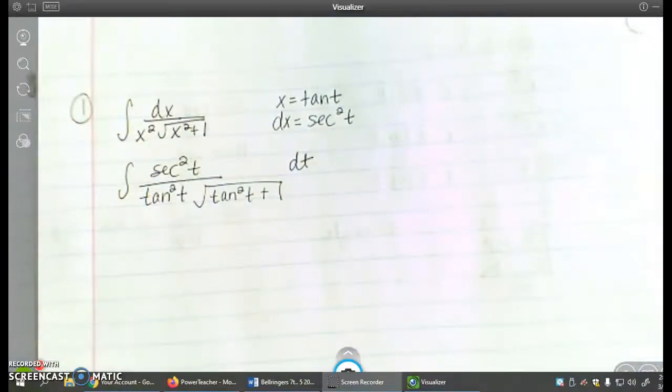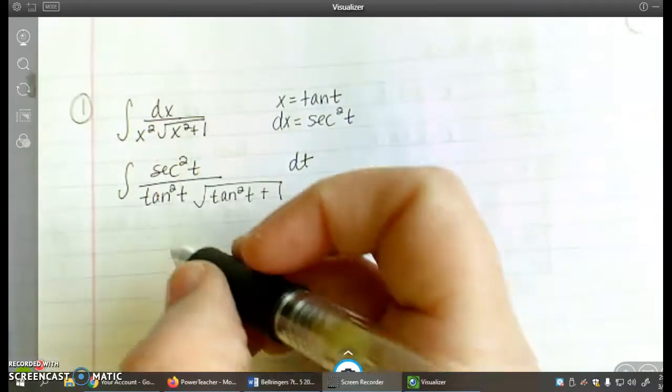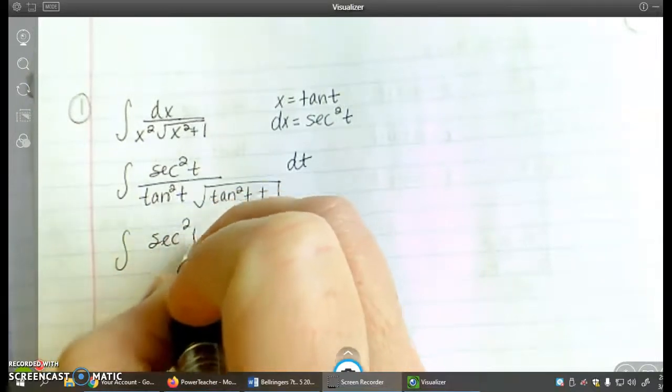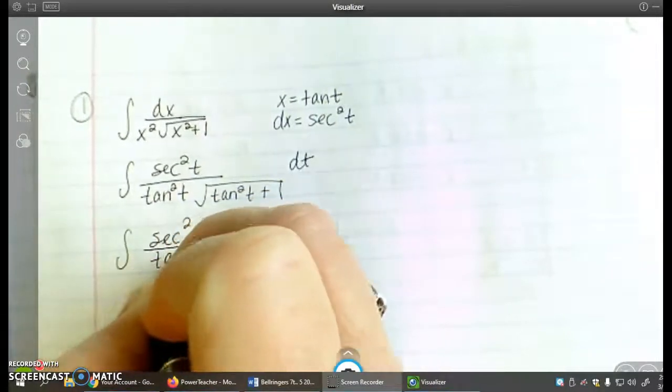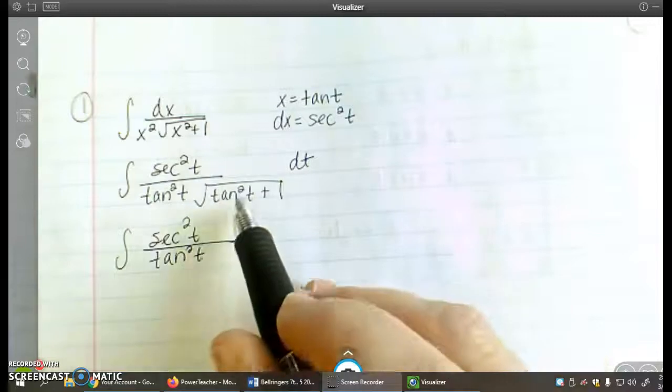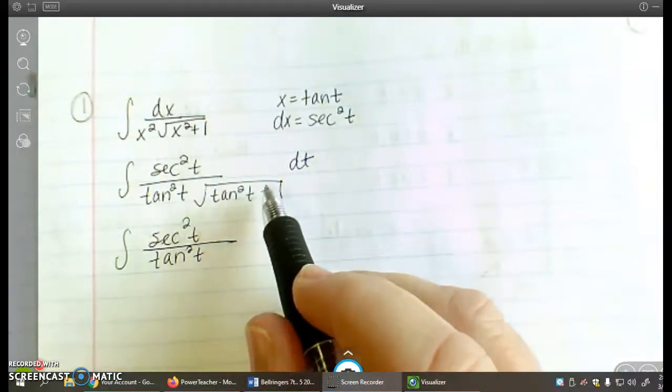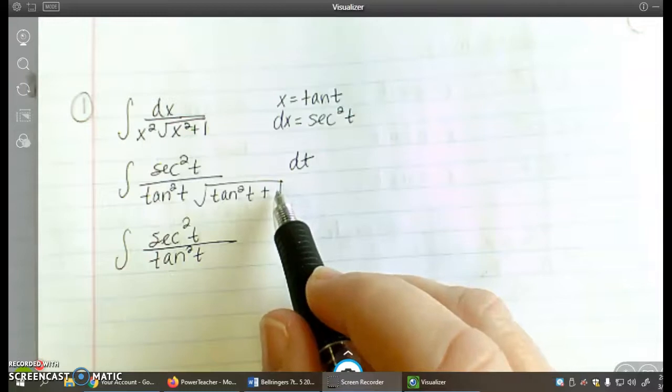So at this point, you want to simplify and see what you have. Alright, what we know is that, I'll go ahead and write this again because I know that this is true. Alright, square root of tangent squared plus 1. Alright, I know that tangent squared of t plus 1 is secant squared of t.